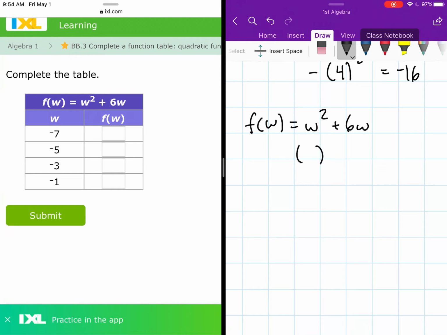So what I'm going to do is put a parentheses anywhere that there is a variable, and then replace that with the numbers from my table. I'm just going to write them 4 times because it's going to be the same thing over and over again.